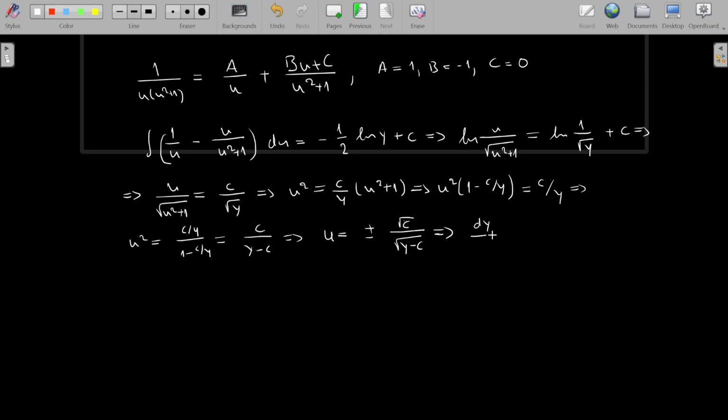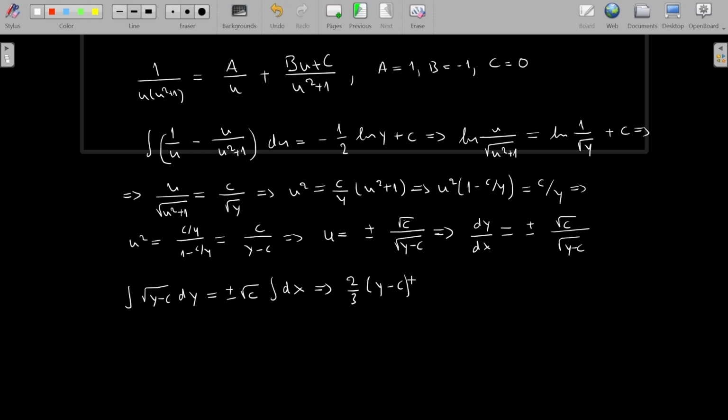dy dx is a plus minus of this guy. So the integral of square root of y minus c dy is plus minus square root of c integral dx, and this is just 2/3 y minus c to the 3 over 2 is equal to plus minus square root of c x plus another constant.